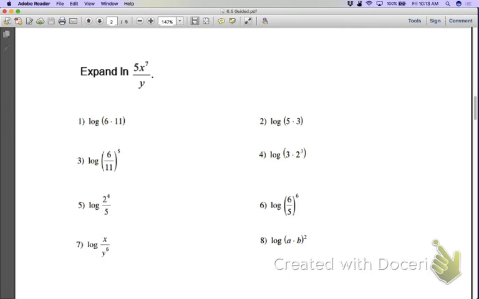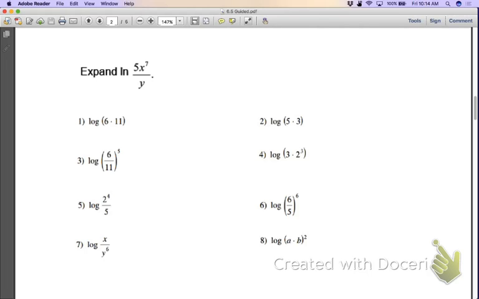If it's on the top side of your fraction, that's going to have a plus in front of it. If it's on the bottom side of your fraction, it's going to have a negative in front of it. Just like a negative exponent, which normally goes on the bottom side of a fraction, right?